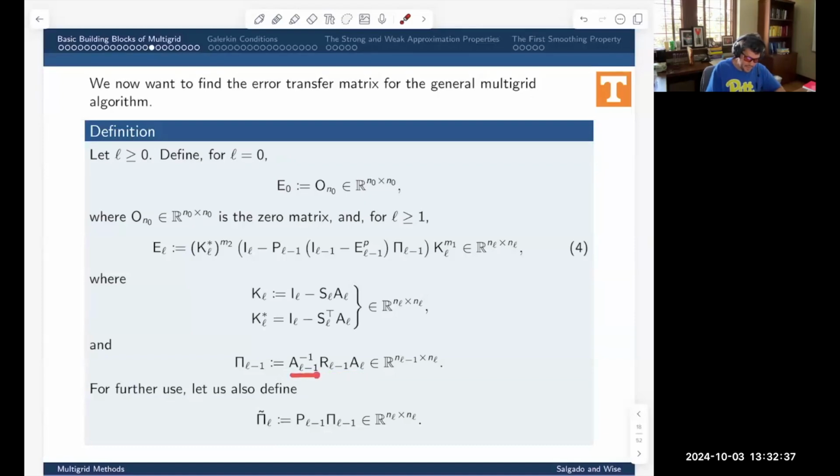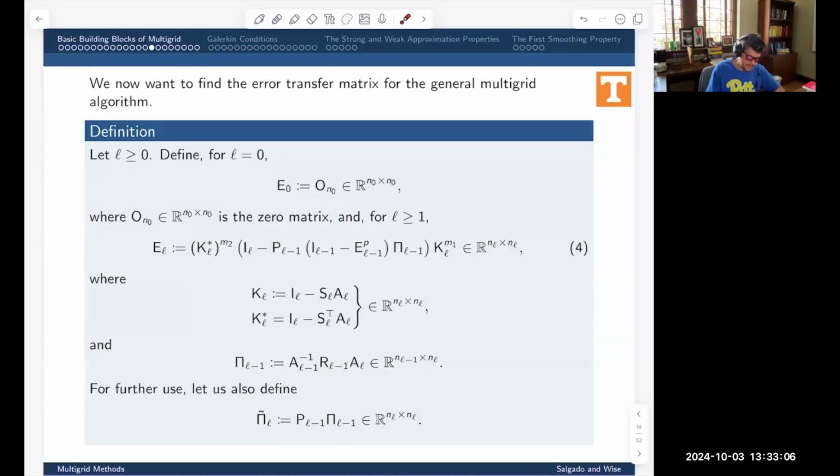Well, this is L minus 1 by L minus 1. This is L by L. And this guy here, what is the size of that? Well, the restriction matrix takes things from the fine level and pushes them down to the coarse level. So this guy is going to be L minus 1 by L. So it's compatible for multiplication, and it's a matrix with L minus 1 rows and L columns.